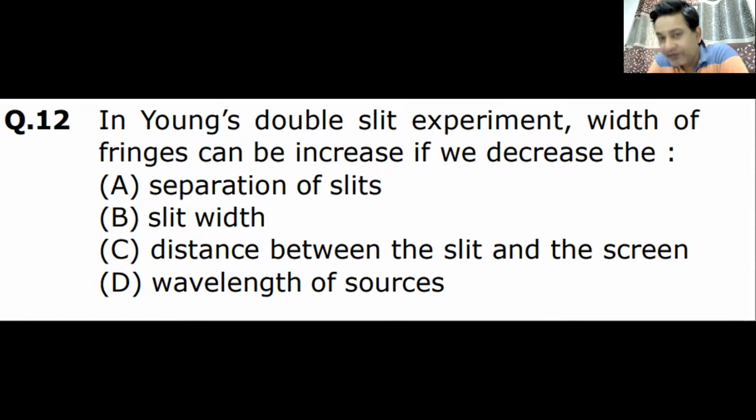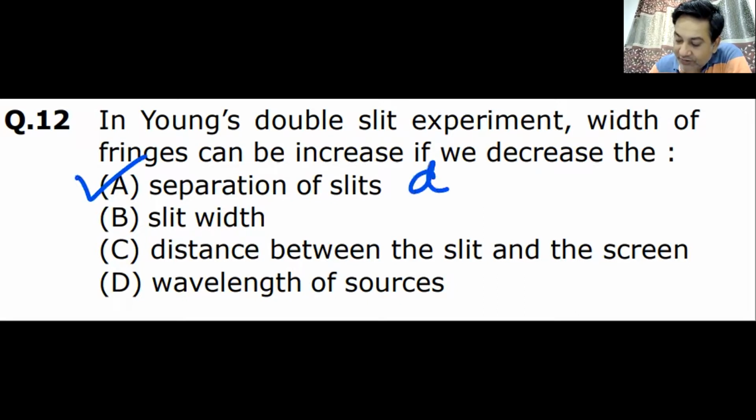I have to increase the width. What can I decrease? Separation of the slits, width of the slit, distance between the slit and the screen, or wavelength. So this is small d. A. Very good.